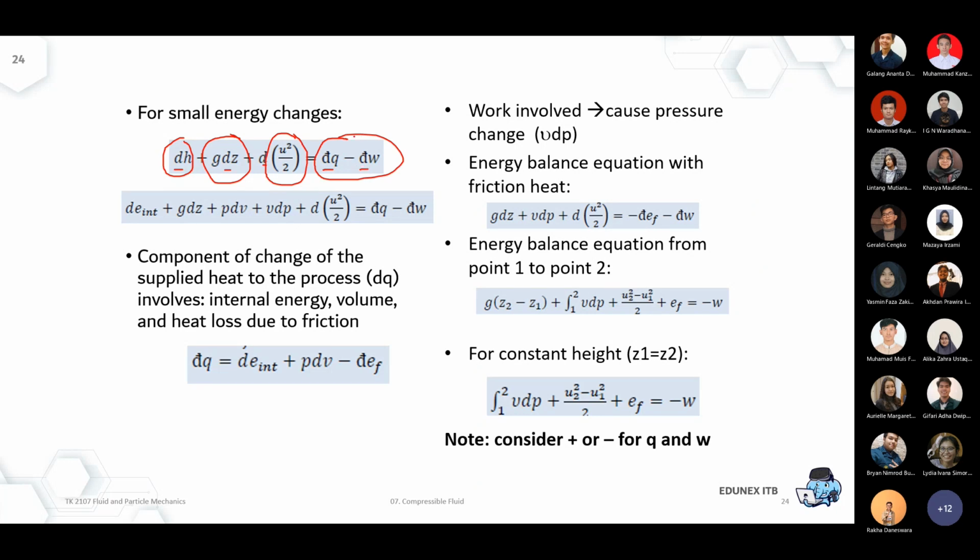Okay. But again, if you want to break it down further in terms of the enthalpy, then that's the expression if you still want to express using the pressure differential.